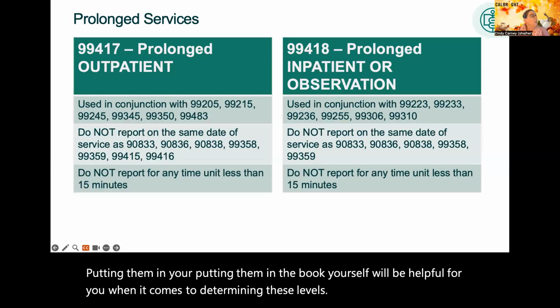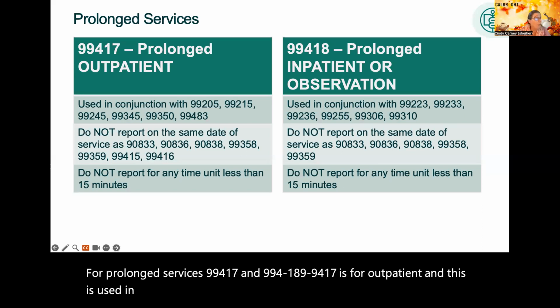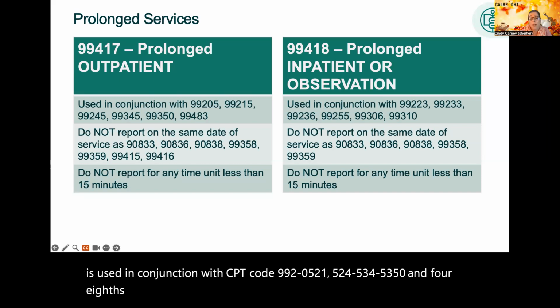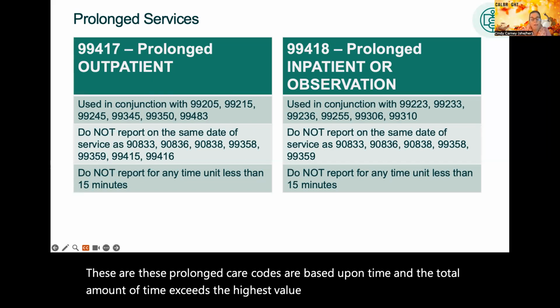For prolonged services, 99417 and 99418. 99417 is for outpatient, and this is used in conjunction with CPT codes 99205, 99215, 99245, 99345, 99350, and 99483. These prolonged care codes are based upon time, when the total amount of time exceeds the highest value in the family.